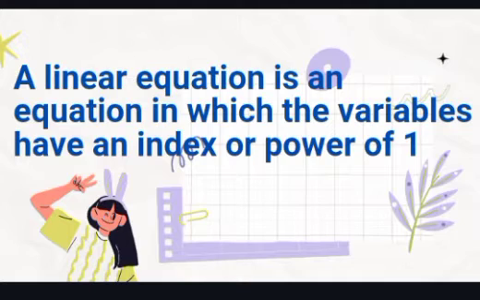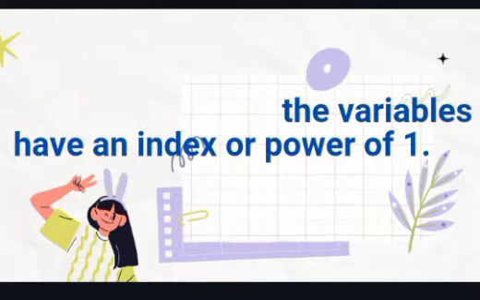So we don't have anything like x squared or y squared or x cubed or y cubed. We only have x, y, and the likes, no squares and no cubes. That is how you can identify a linear equation. If you have an equation with anything like x squared or y squared, then such an equation is not a simple linear equation.